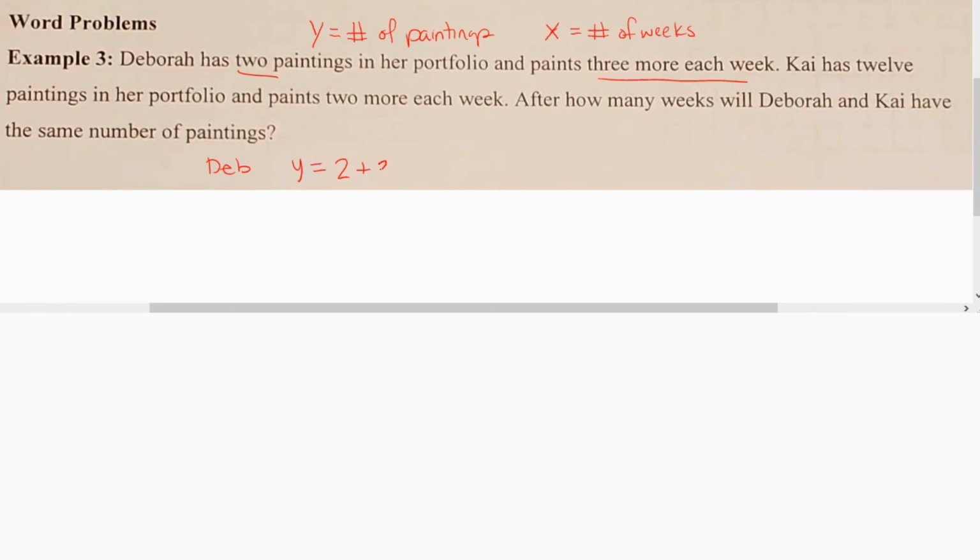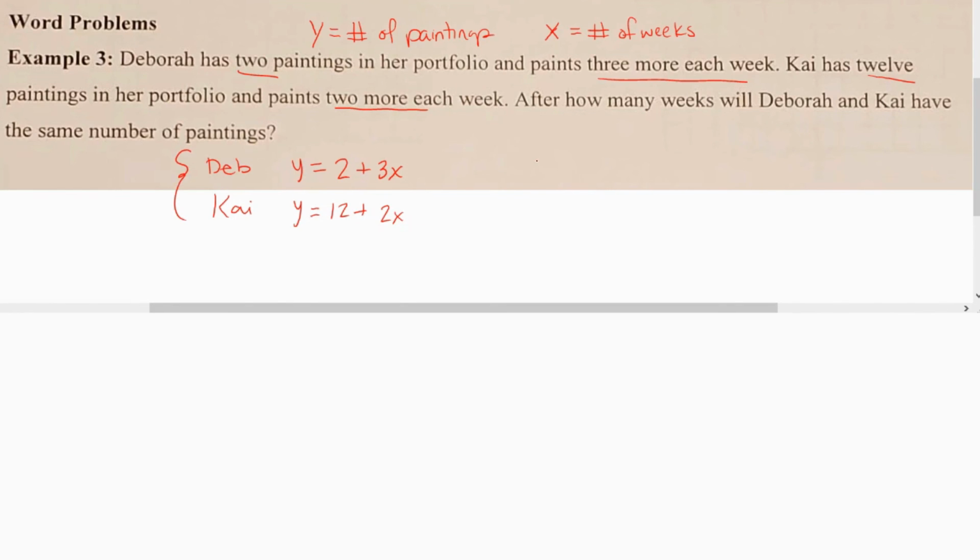So that is 2 plus 3x. For Kai, it says that she has 12 paintings to start with, and she is adding 2 more each week. So this is our system.